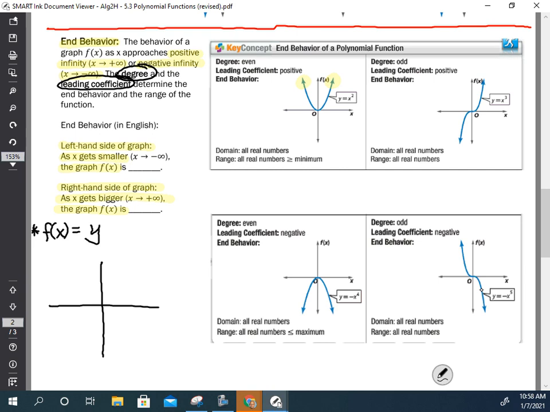Additionally, on the x-axis, if you're going to the left, that means you're going to negative infinity. If you're going to the right, then you're going to positive infinity.